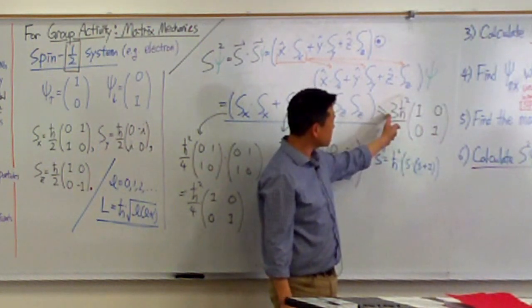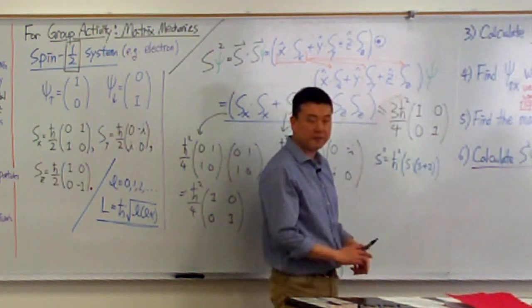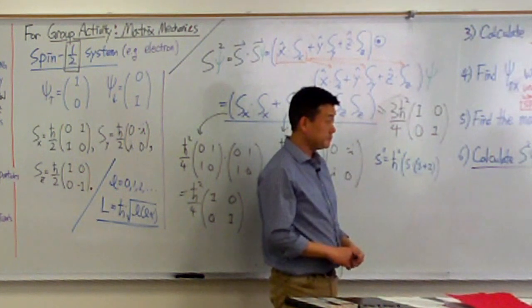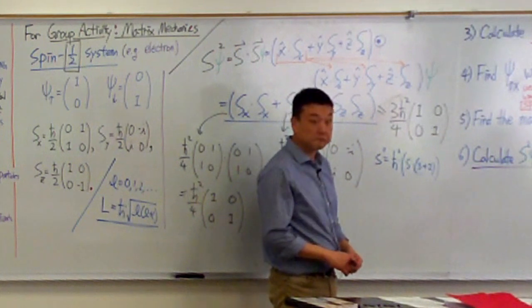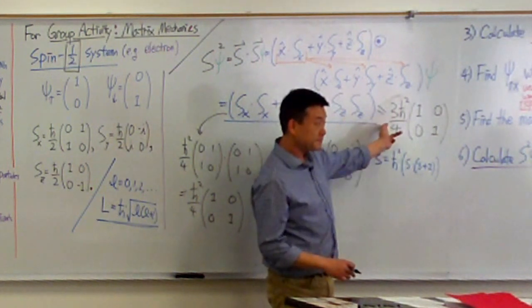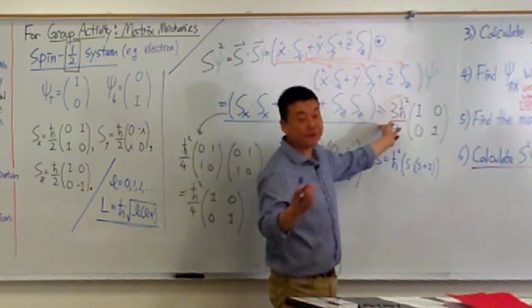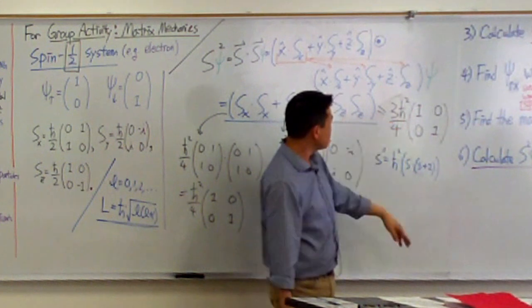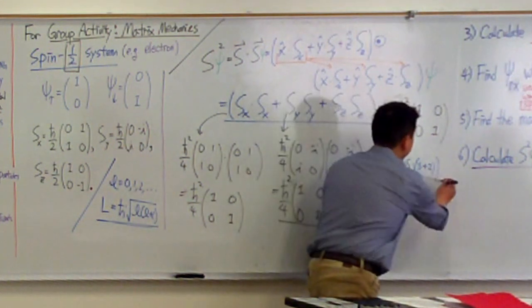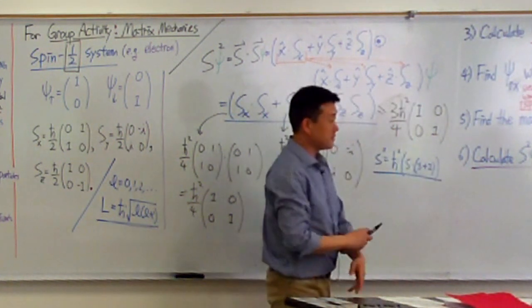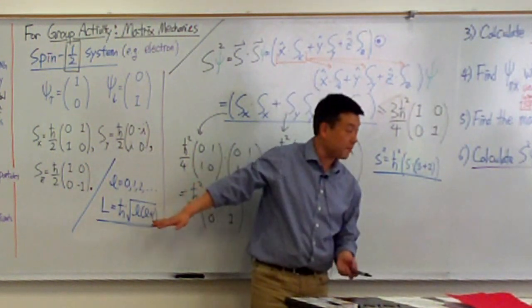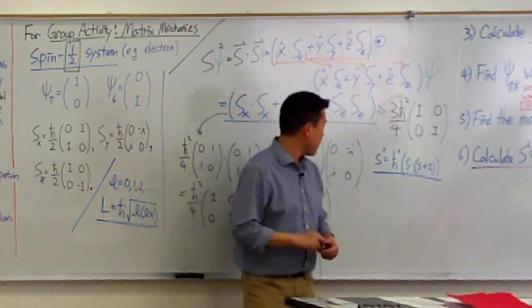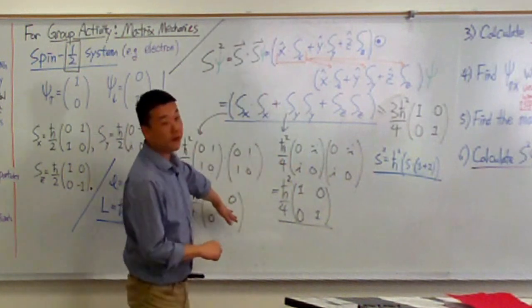Is that 3 over 4? Is that s times s plus 1? 1/2 times 1/2 plus 1, 3/4. Yeah, so that's it. This doesn't prove anything, but it shows that the rules that spin angular momentum satisfies are the same as the rules that the orbital angular momentum satisfies.